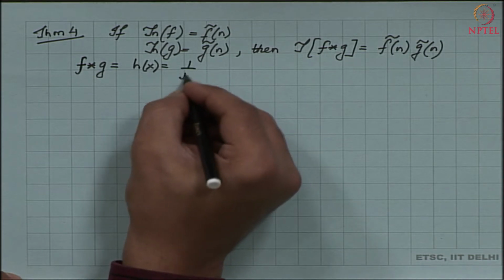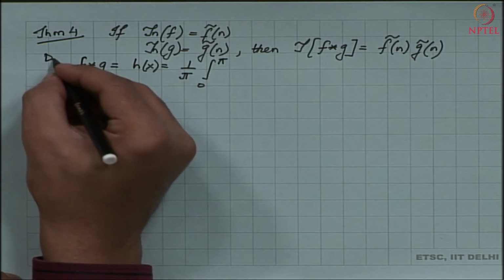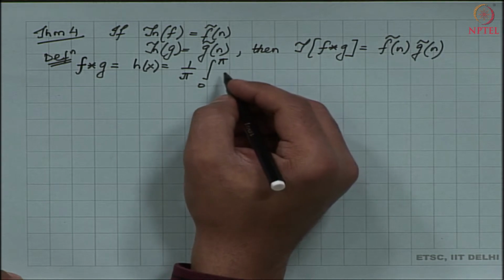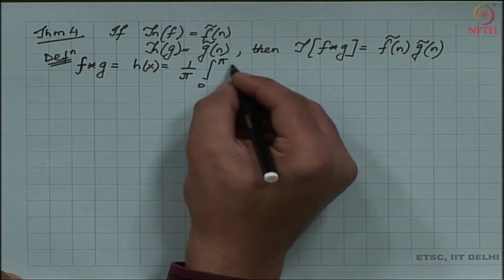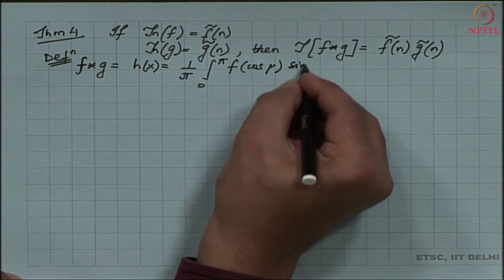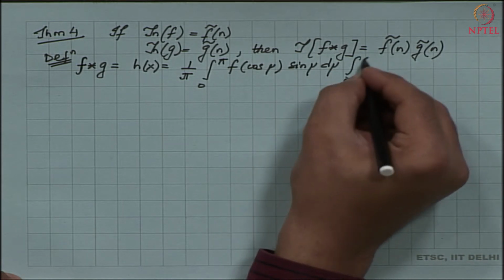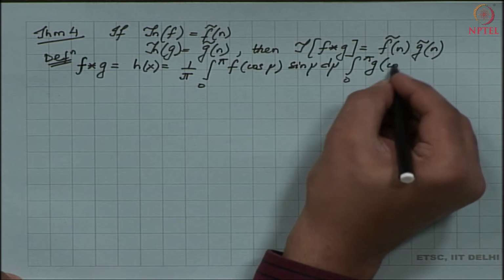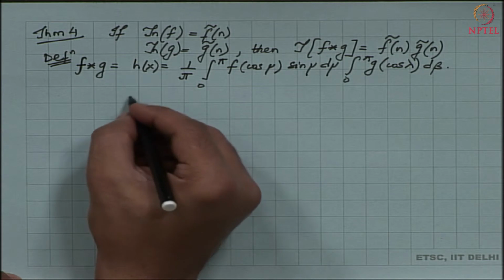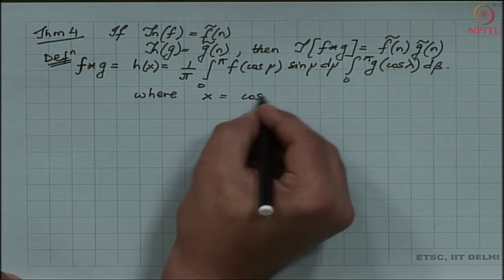This is how I define my convolution of two functions in the Legendre sense: 1 by pi integral 0 to pi f of cos mu sin mu d mu times integral 0 to pi g of cos lambda d beta, where my x is cos v.